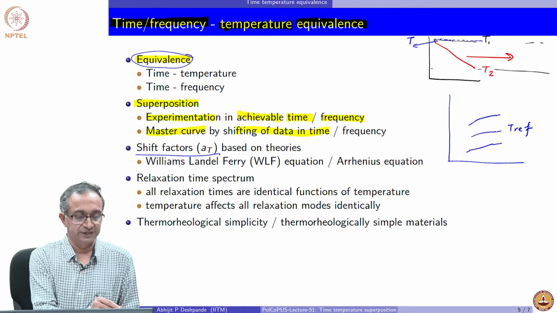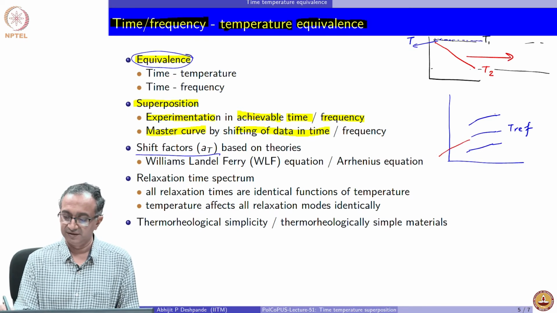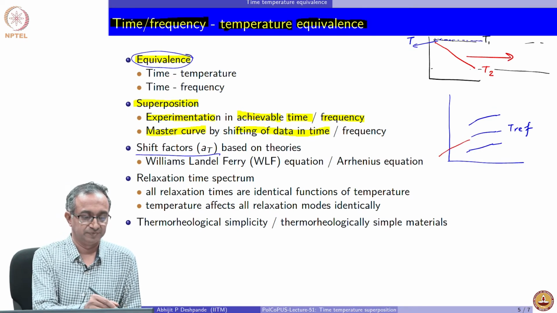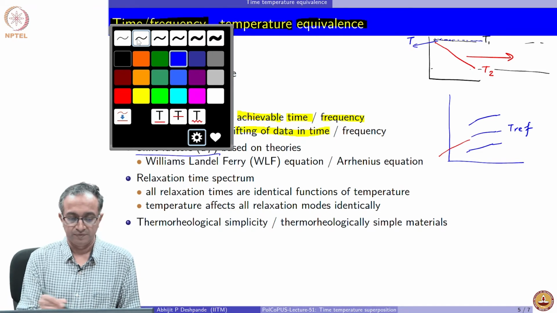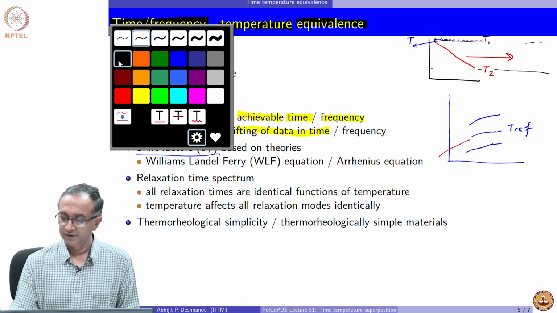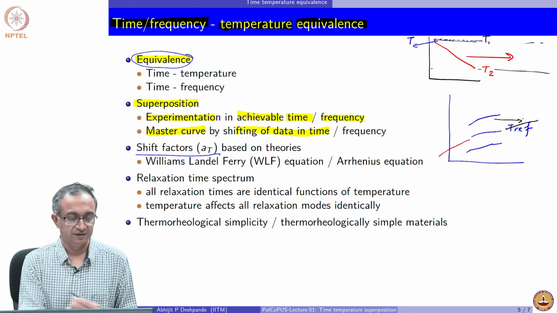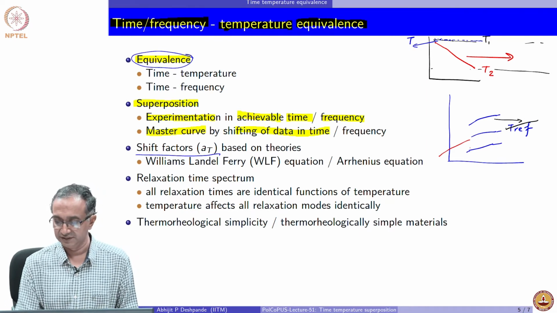So, what we do is this data will shift to left and it may come like this, and this data which is here will shift to right, and so there is a shift here and there is a shift here.